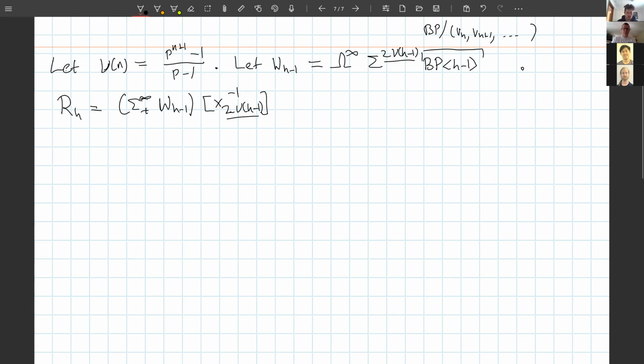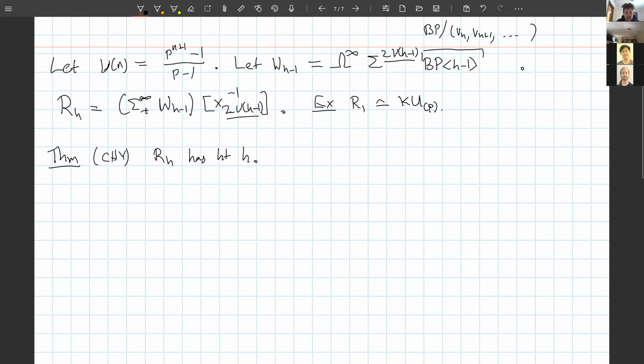Okay, as an example, R_1 is p-local KU. So we know what the first one of these looks like, and the question is what the rest of them look like. Firstly, we check that R_h has height h in the sense that I wrote down of Jeremy's.